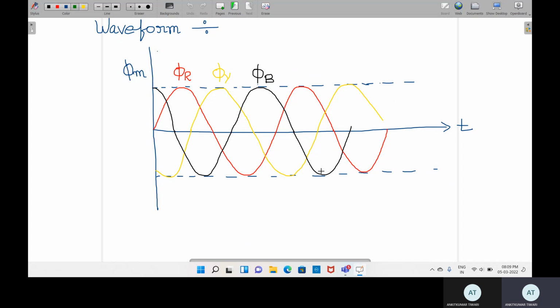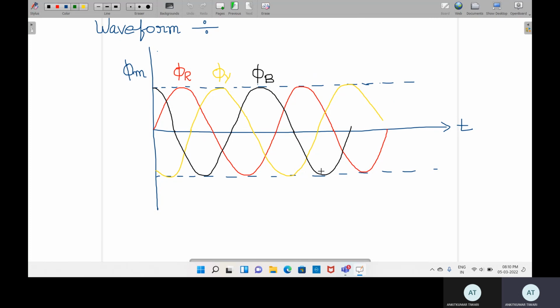So we will keep certain conditions. To place certain conditions, we have to fix some point on this graph. So we will place some instant over this graph to determine the particular value of the fluxes.